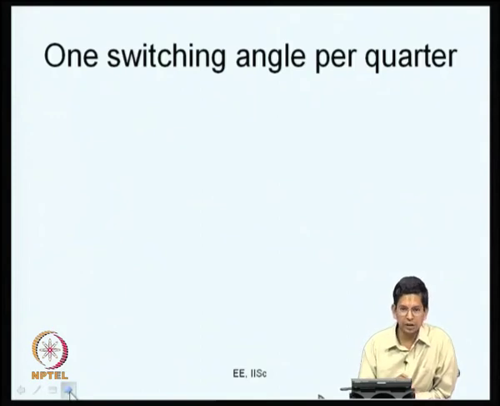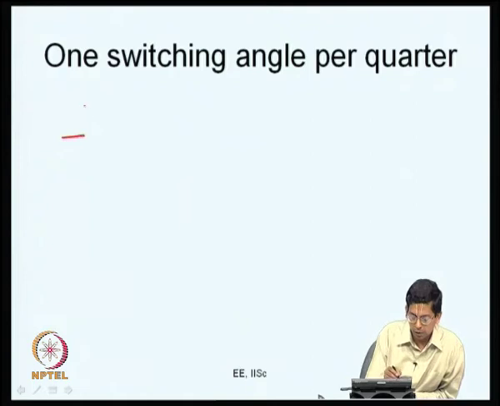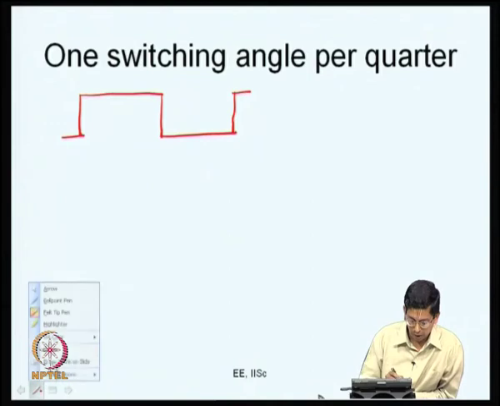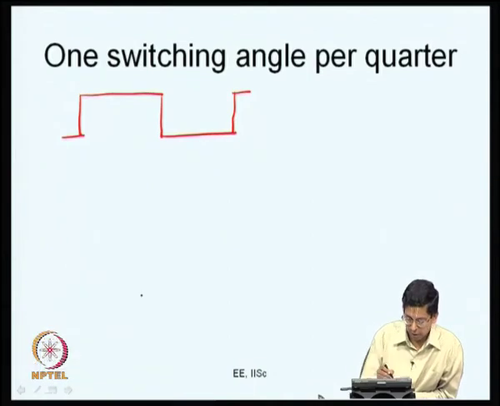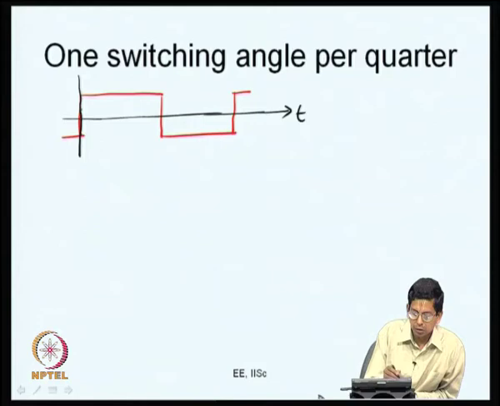Firstly, let us take a square wave. If your inverter is switched like a square wave, let me take the horizontal axis, let me draw it with black ink. This is the time axis. Now, this is the voltage axis.